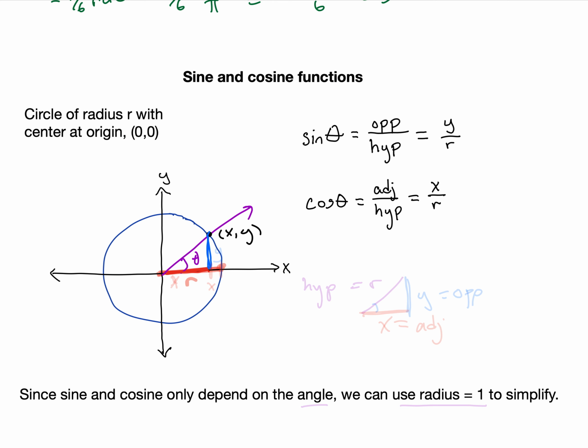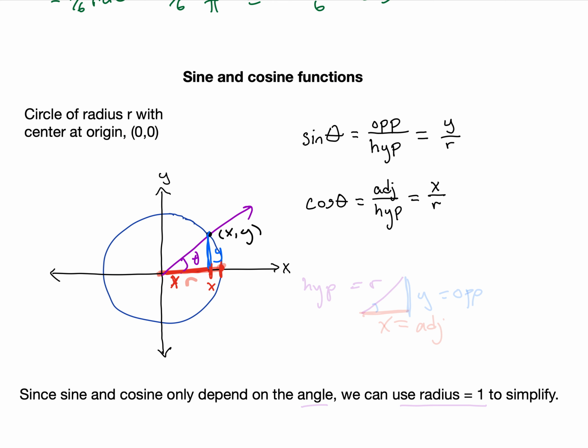Notice that the base of that triangle now has length x, the x value at that point. So the base is length x, and the height is y, the y value at that point.